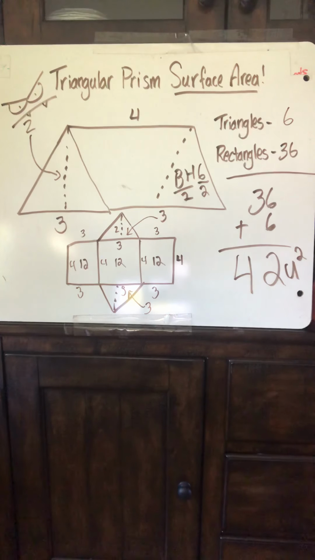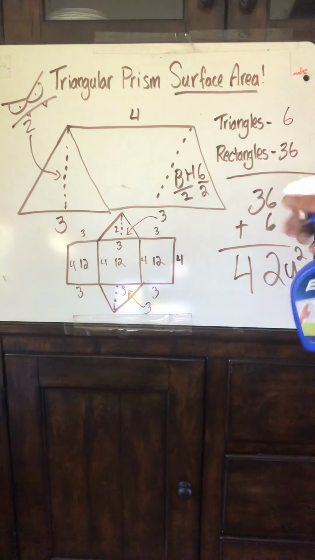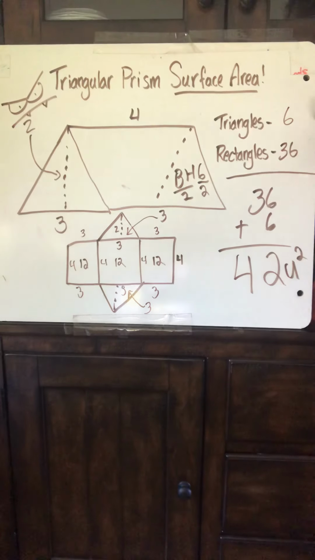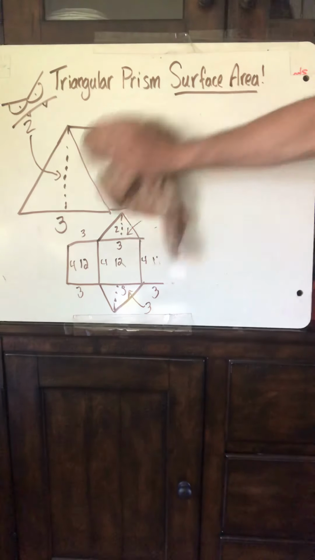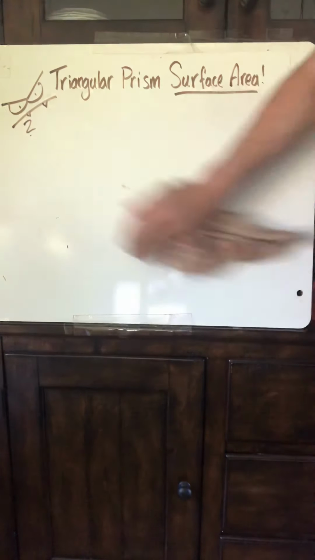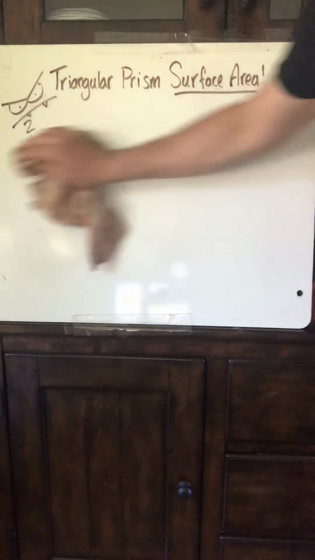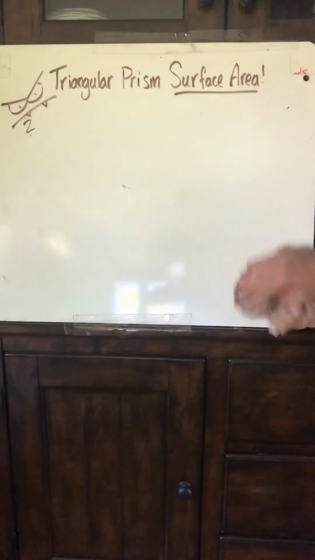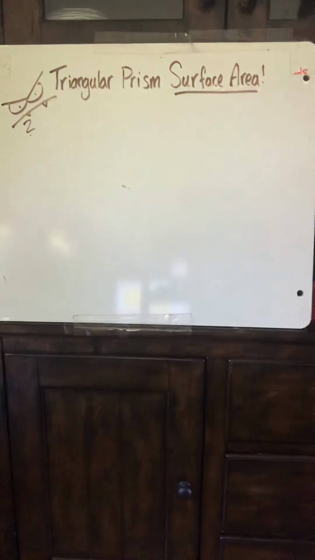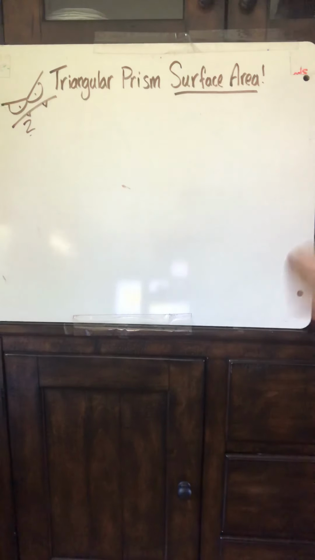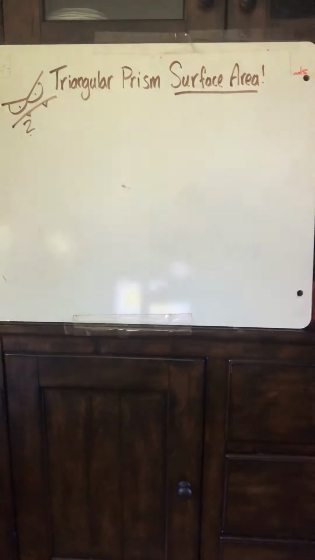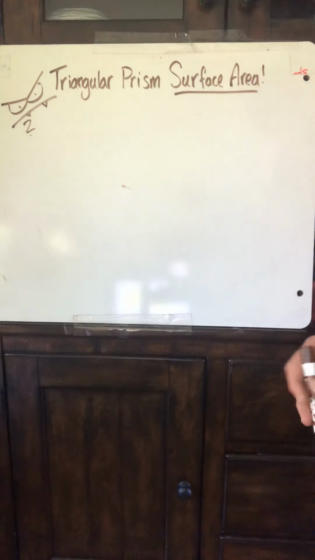All right, so I'm going to erase this, and I'm going to draw the next net that you're going to see in today's classwork. So take a look at this. Check this one, all right? They're not going to fold the net out for you, okay?